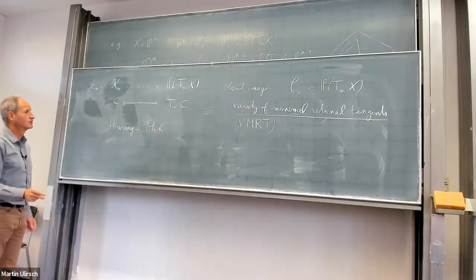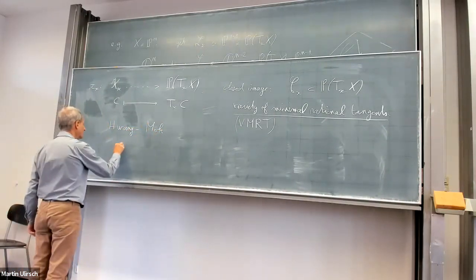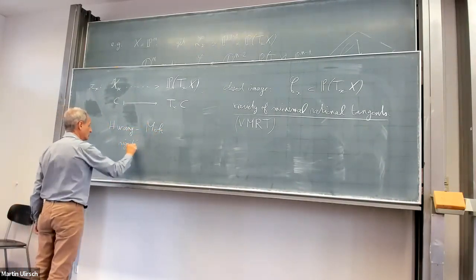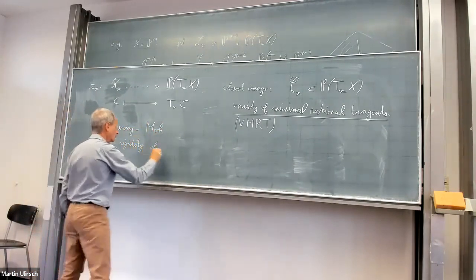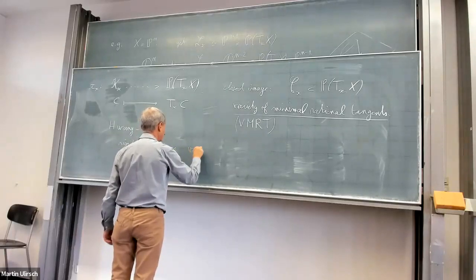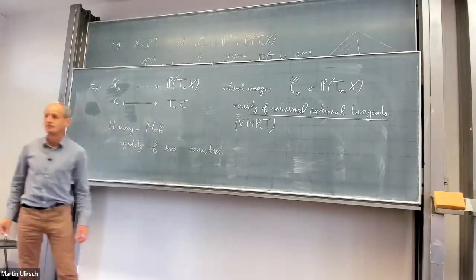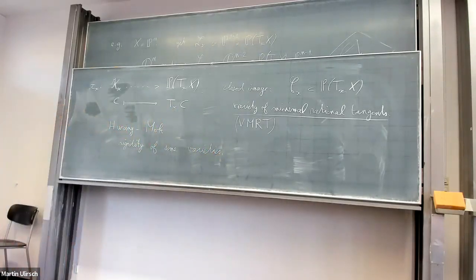The main use of this VMRT is to prove rigidity of compact Hermitian symmetric spaces, rigidity in a very strong sense.